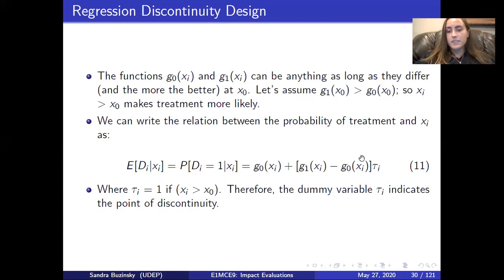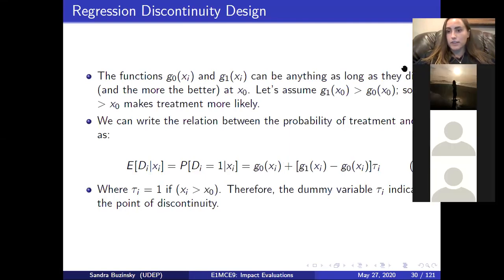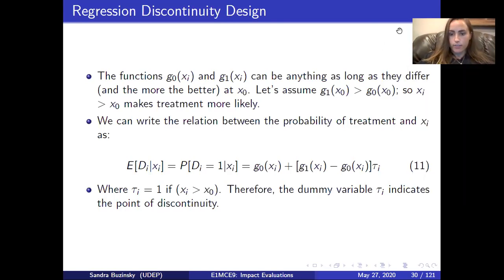So this is the difference between the two functions on either side of the cutoff. This is going to be the point of discontinuity, and that would actually be the treatment effect of interest, because you know that there's some initial relationship between test scores and receiving treatment to begin with. And so then when you difference the two lines, that's how you find the treatment effect.